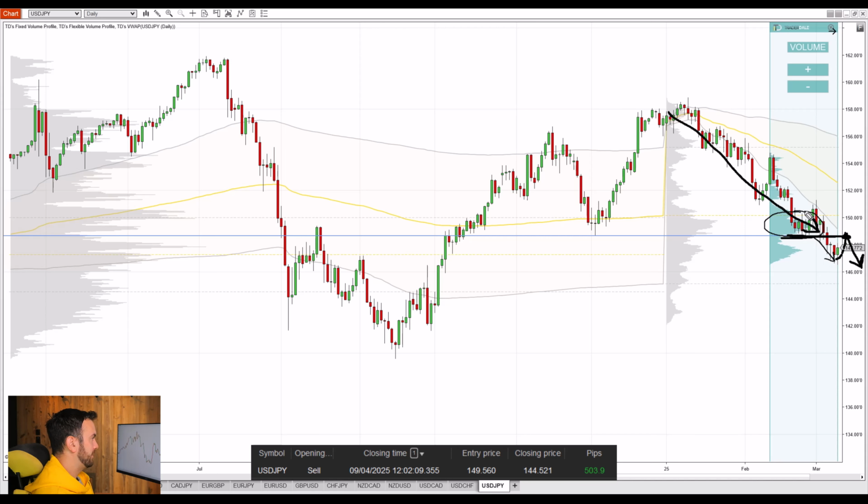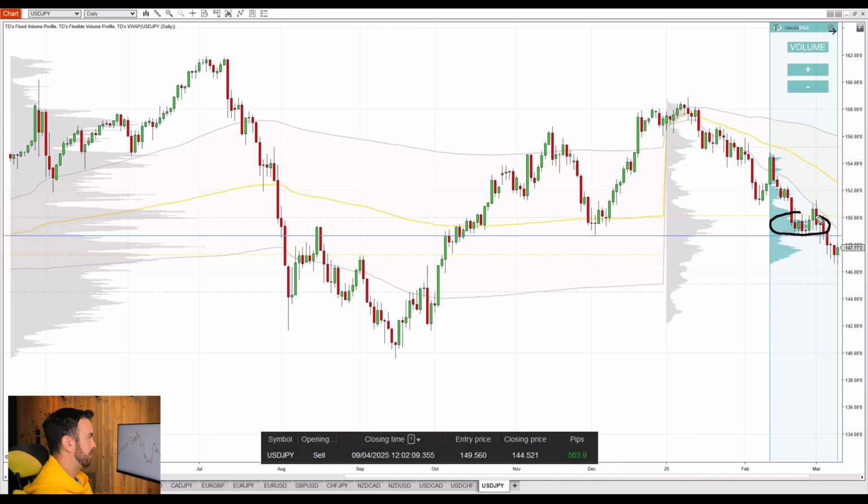Wait for the pullback to that heavy volume zone, which represented sellers adding to their short positions as the price was dropping. So I wanted to join those sellers, jump in here at the beginning of the volume cluster and go short from there. It was not just about this volume cluster, but there were more confluences telling me that this was a strong level to trade from.